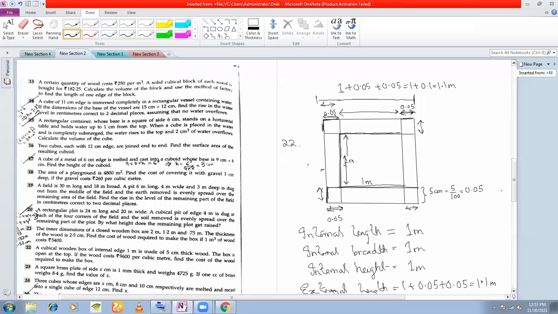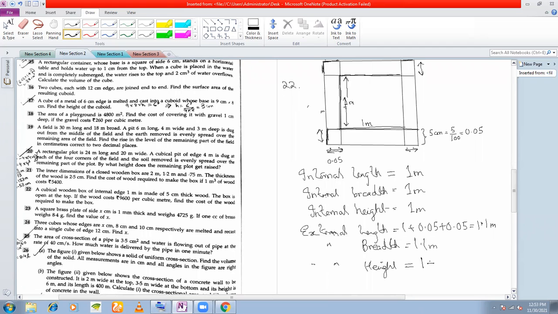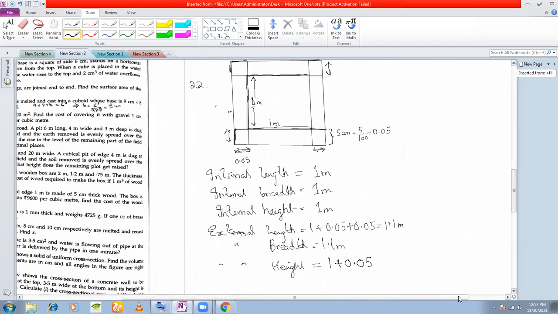That means on the top there is no wood, but at the bottom there is wood. So the thickness is only at the bottom. So when I am finding the height, I will only add 0.05 once. You understand what I'm trying to say? Yes, sir.